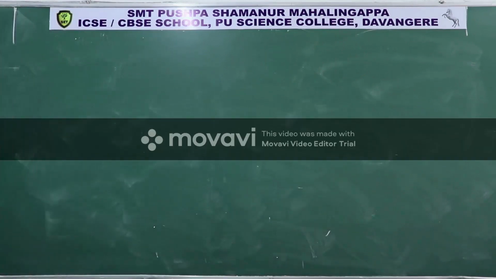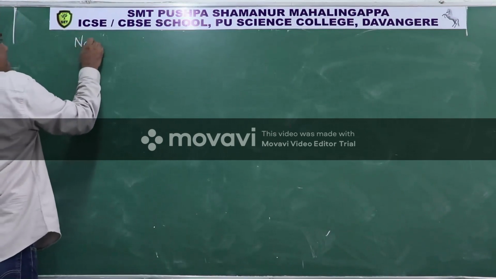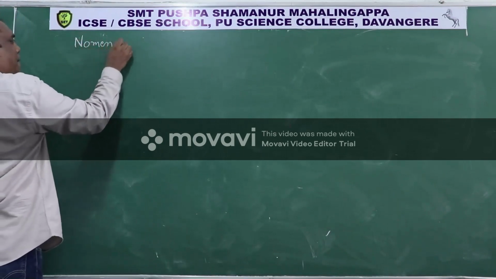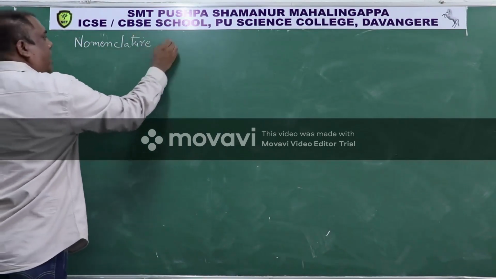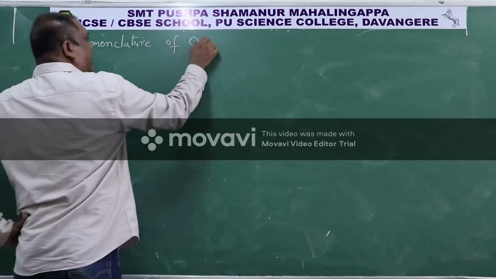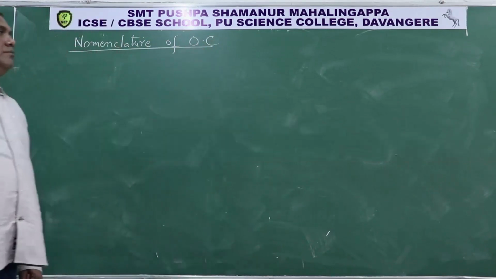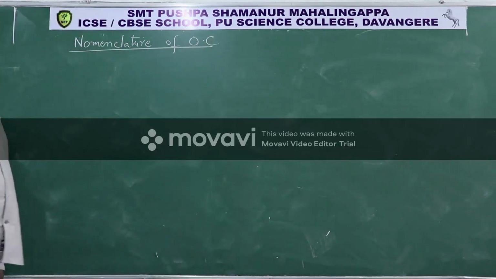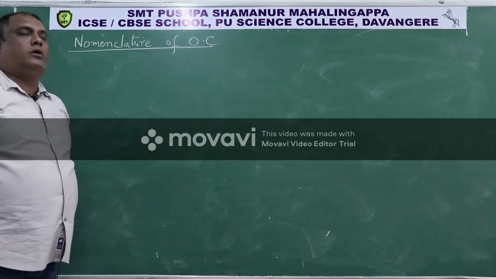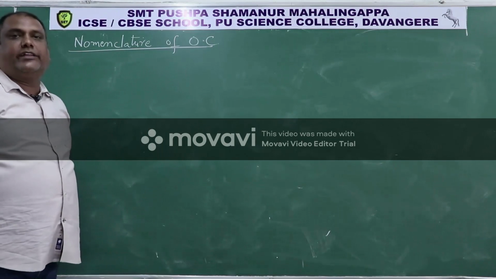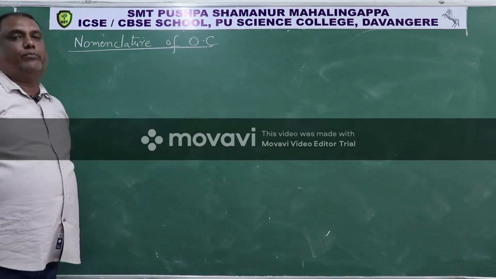We are going to study this under the heading nomenclature of organic compounds. Here he will give some organic compound, and based on its structure we have to write the name of that compound.